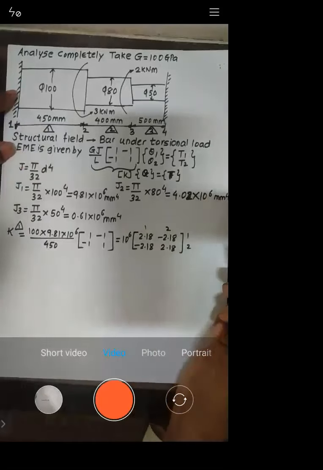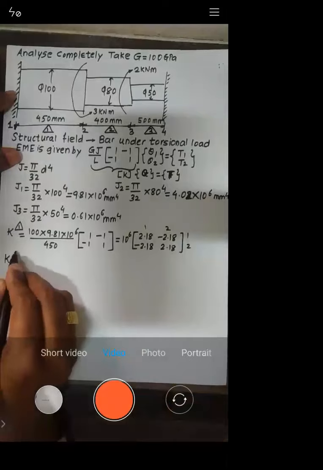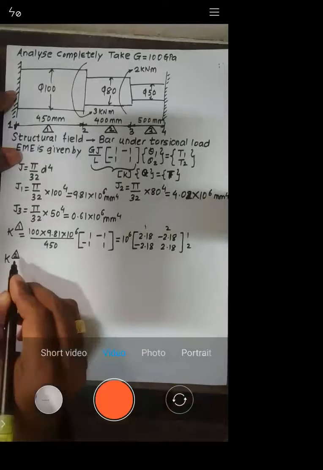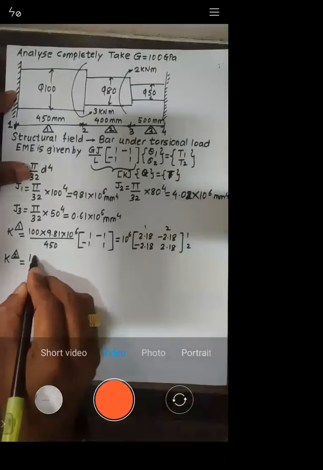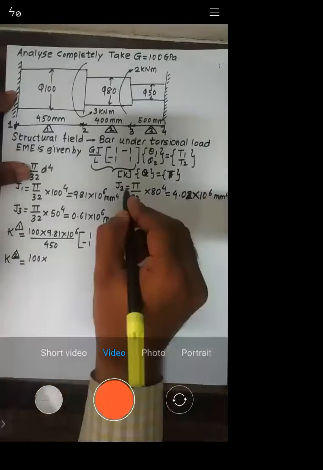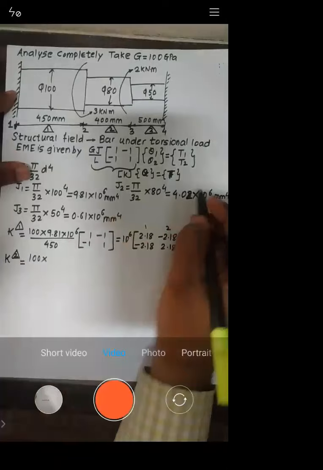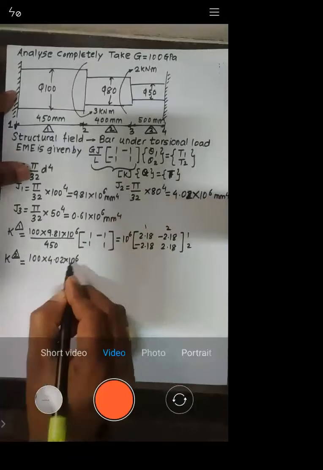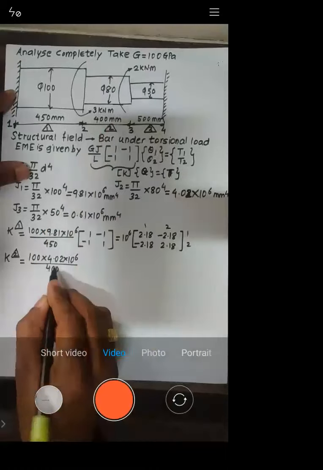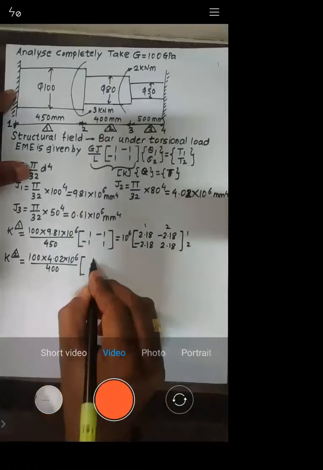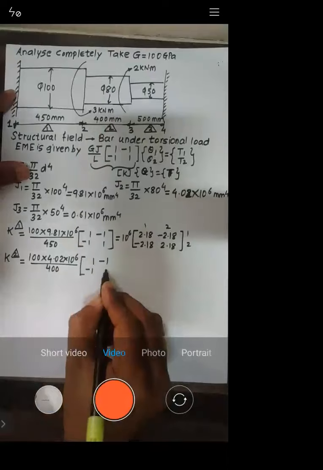Now go for the stiffness matrix of element number 2. G is the same, 100. J of element number 2 is 4.02 into 10 raised to power 6 divided by the length, 400, into the matrix 1 minus 1, minus 1 1. Yes or no?